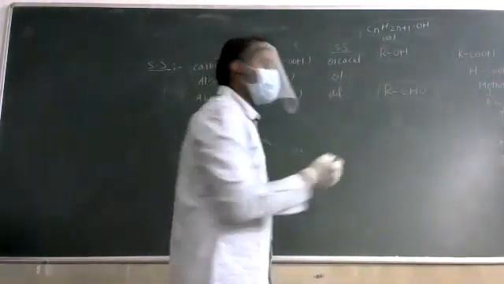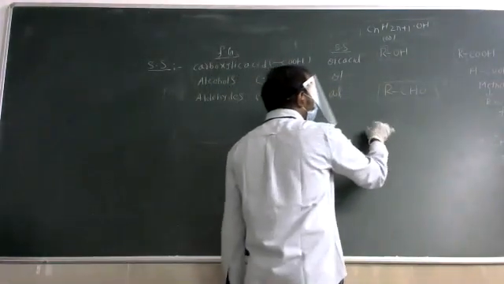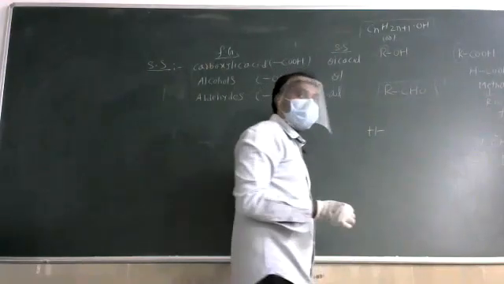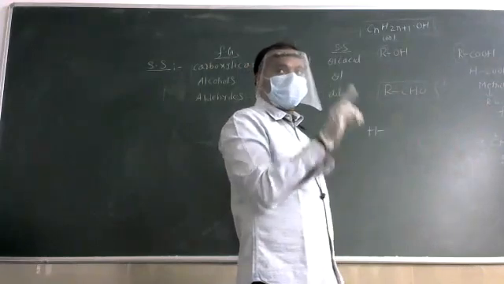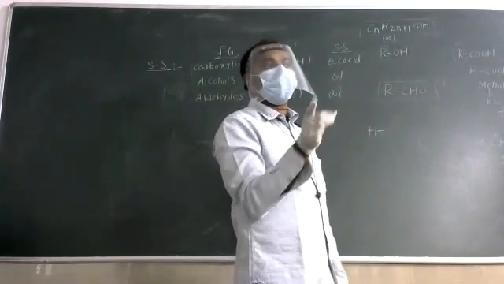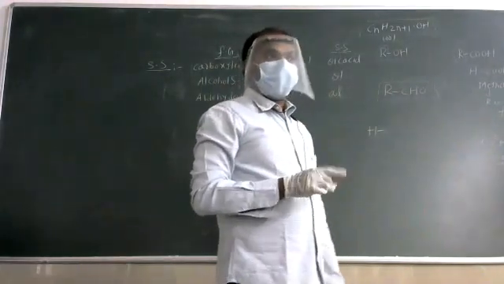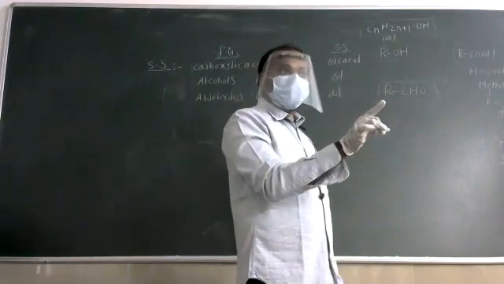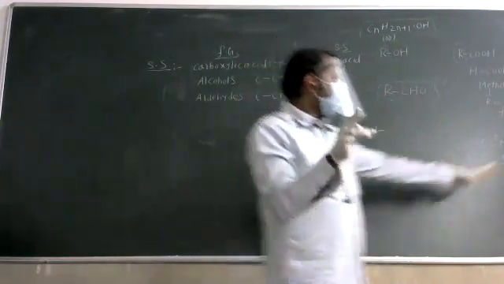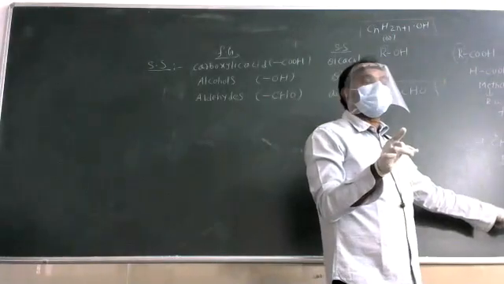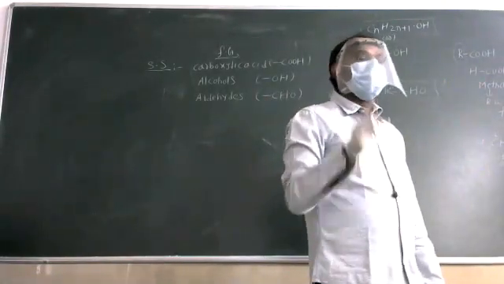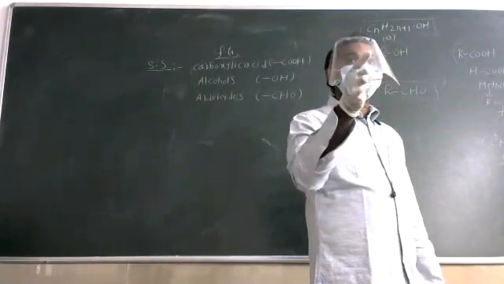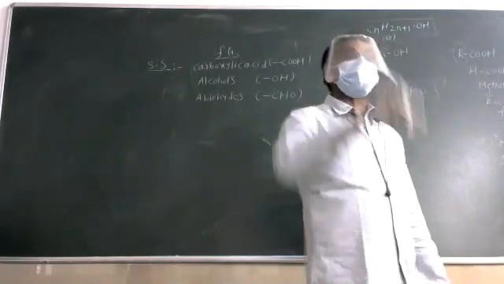The first aldehyde, formaldehyde, is the common name, from formic acid: one carbon acid, one carbon aldehyde, formaldehyde. Acetic acid, two carbons acid, two carbons aldehyde is called acetaldehyde. Aldehyde common names are derived from carboxylic acids.